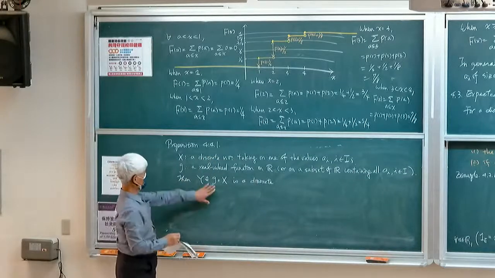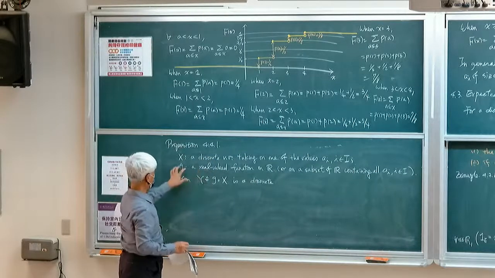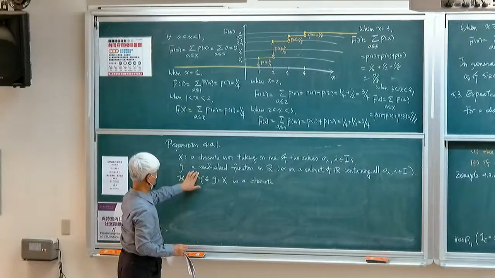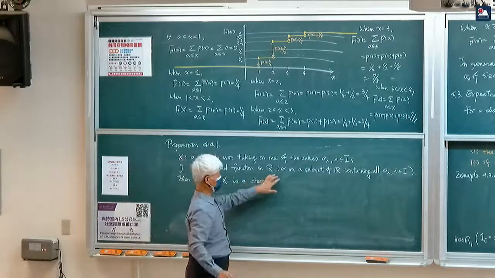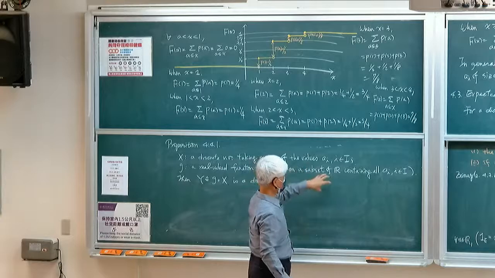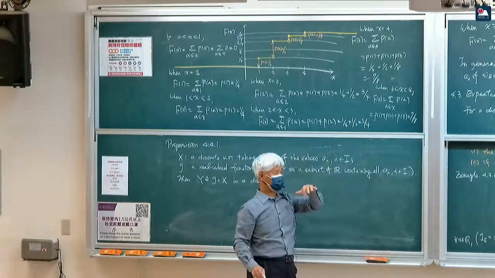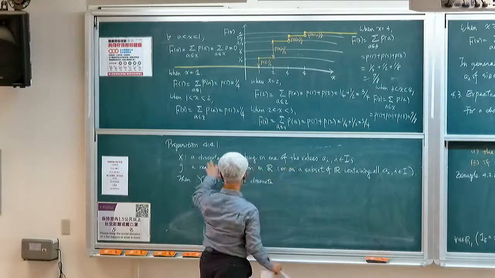Because for composition, the domain of the data processing function should contain all possible values of X.